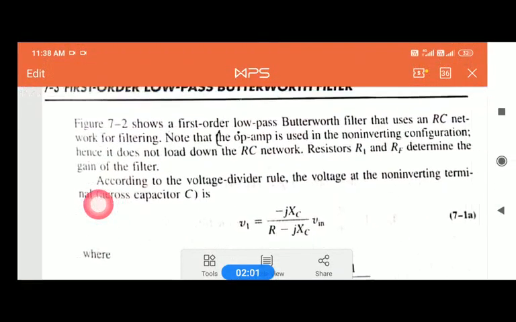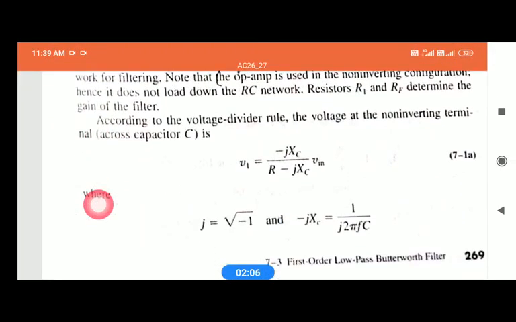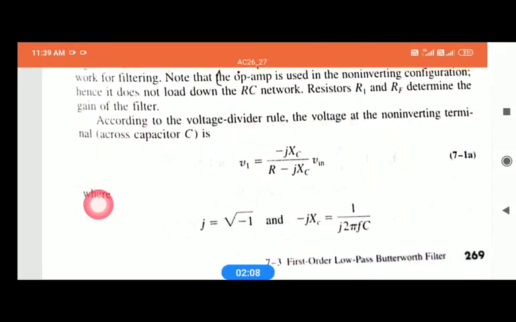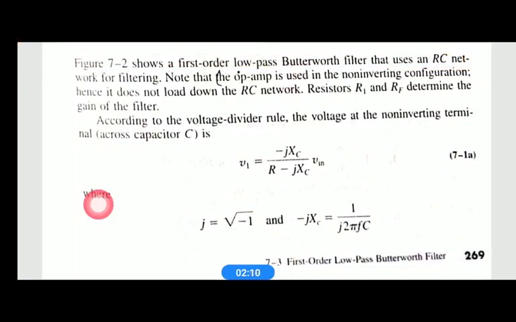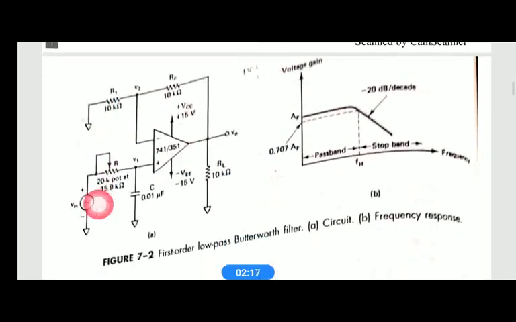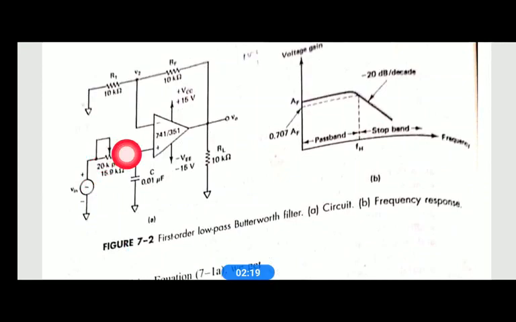To analyze this circuit, we consider the input circuit, the RC network. The actual input applied to the non-inverting terminal is V1 across the capacitor.